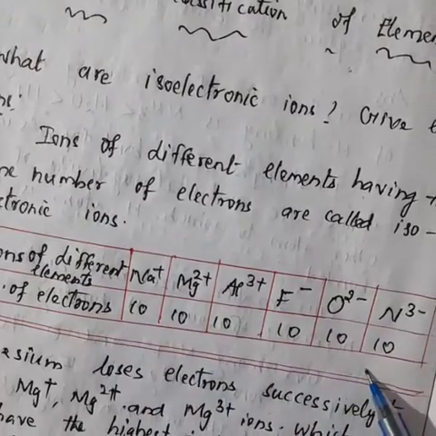For example, sodium has atomic number 11.